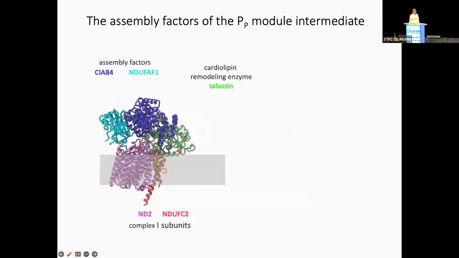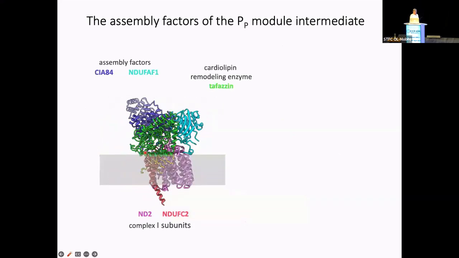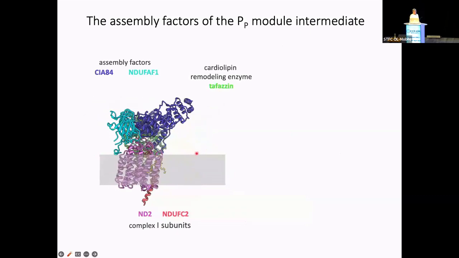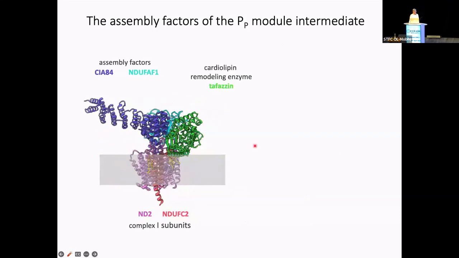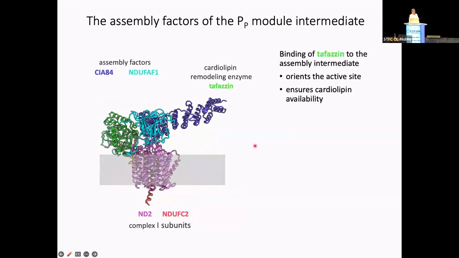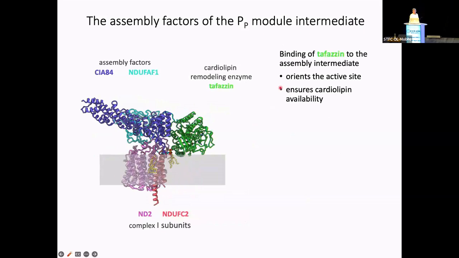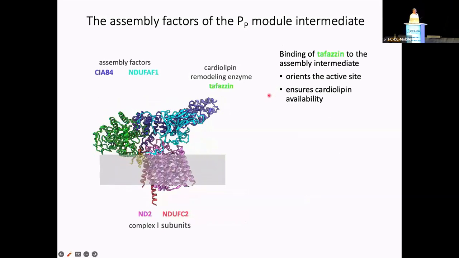And if you look now again at the structure of tafazzin, you can see that the active site is oriented towards the membrane. So one possible function of the binding of this protein to the complex 1 assembly intermediate is to orient the active site in a proper way.